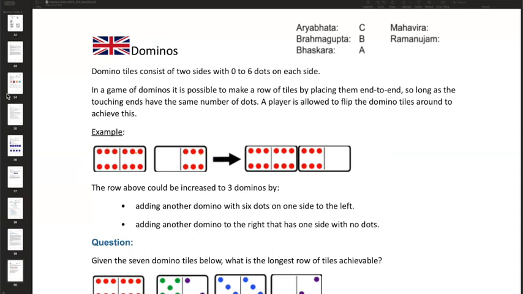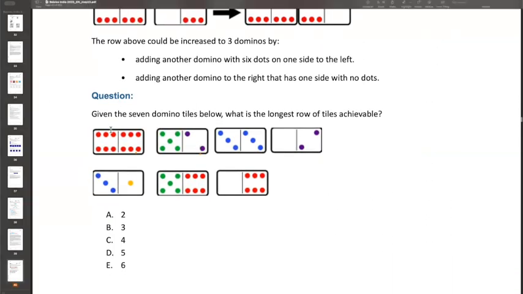Okay, so the question is: using these seven domino tiles, which is the longest row achievable?